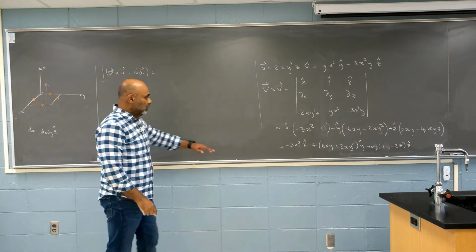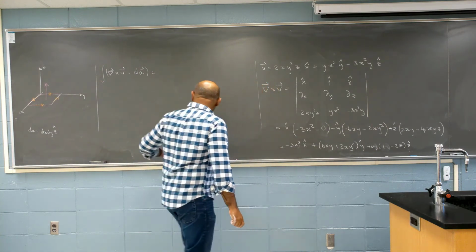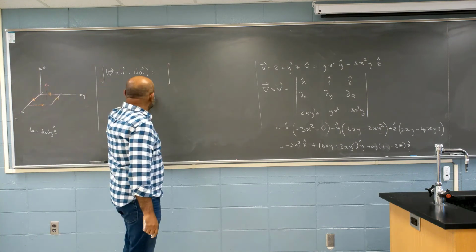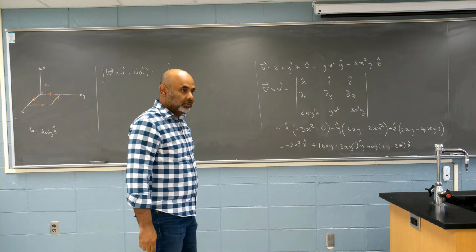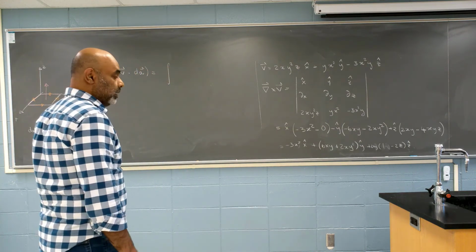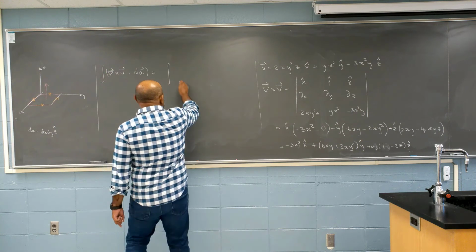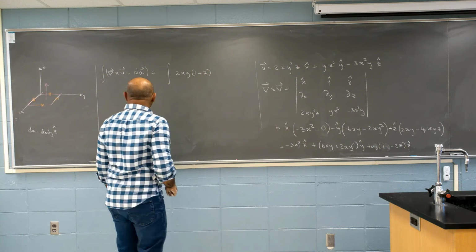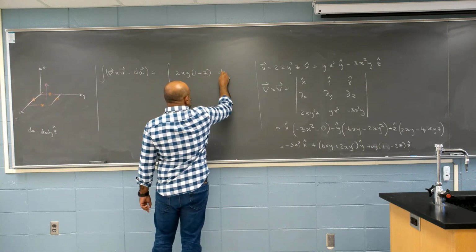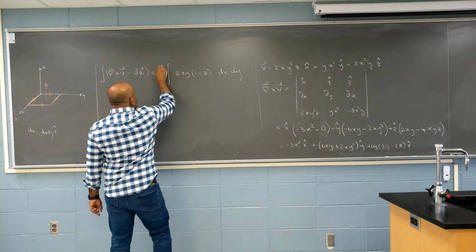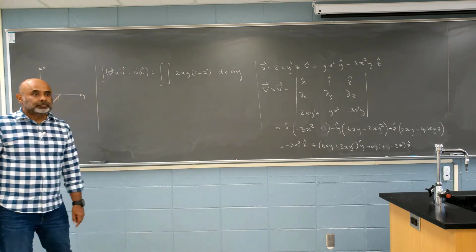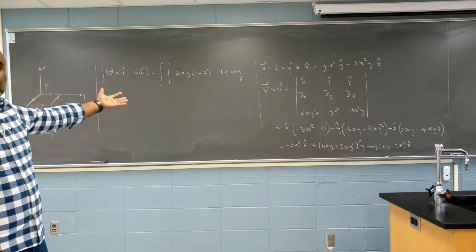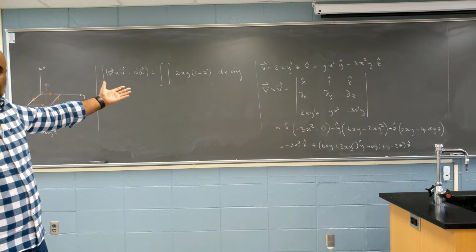I have my curl here and my dA here, so I can immediately write this as I only take the z component. Yeah? So it is 2xy times 1 minus z, and it is dx dy. Again, when you look at this integral, it looks odd. We're doing dx and dy, so you wonder what z is doing there. Well, easy enough.